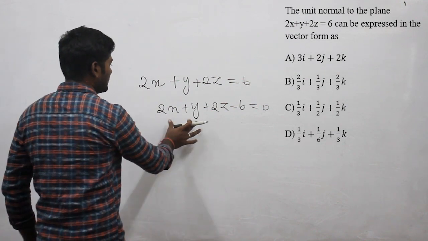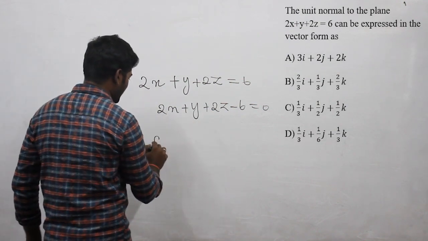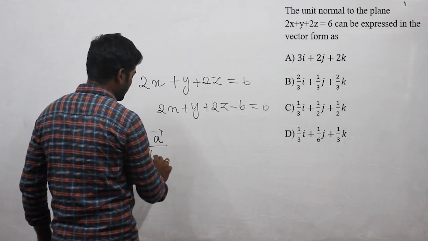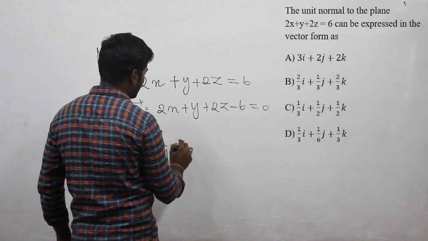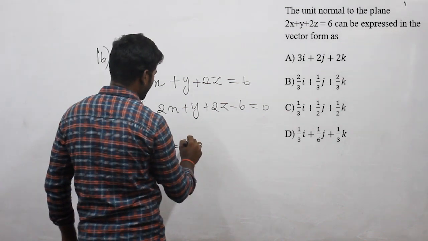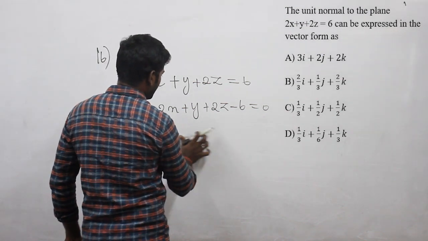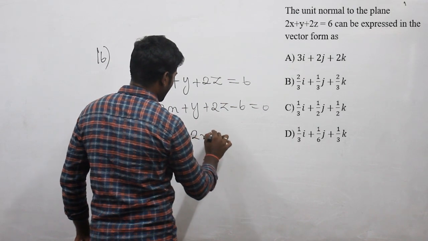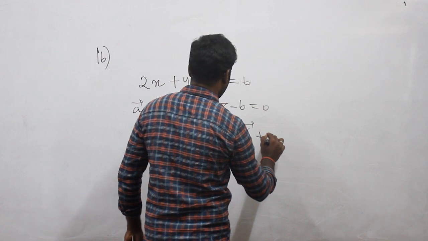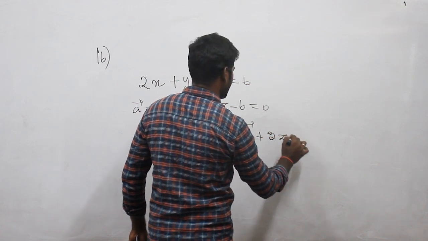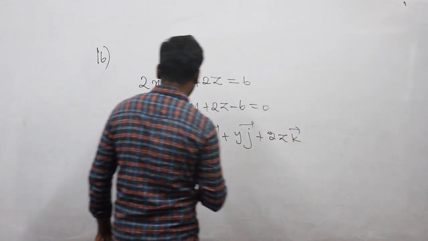Unit normal vector is a vector divided by modulus of the vector. If you take this as a vector, a vector means 2x i vector plus y j vector plus 2z k vector. It is a unit normal a vector, right?